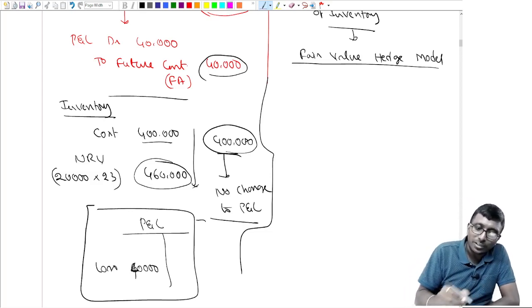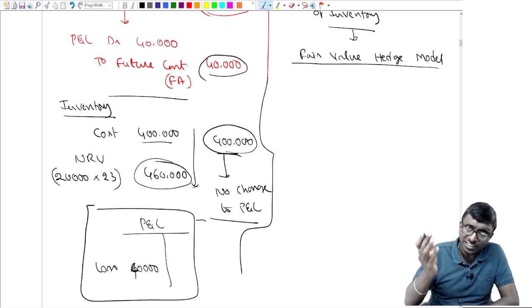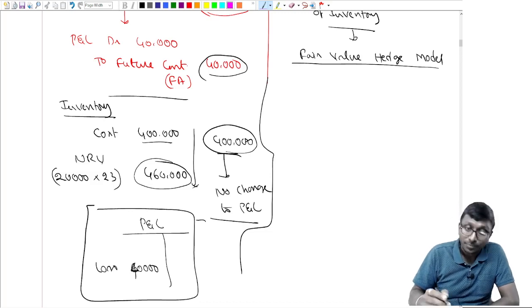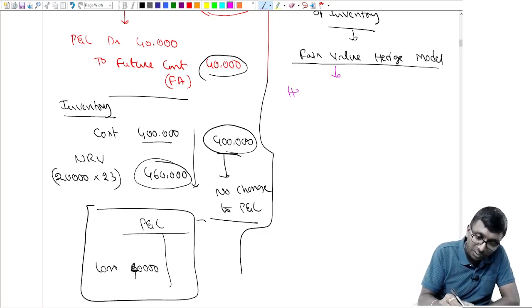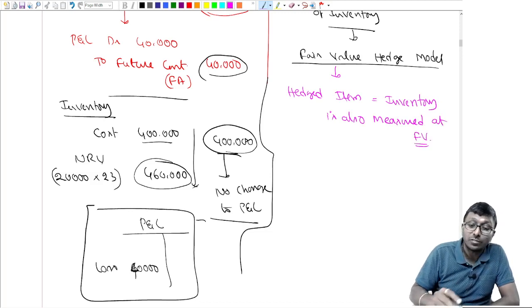So if you follow fair value hedge, what will you do now? The hedged item will also be measured at fair value. What is the hedged item? We are hedging inventory. Inventory is also measured at fair value. Generally, it is measured at cost or FMV, whichever is lower.